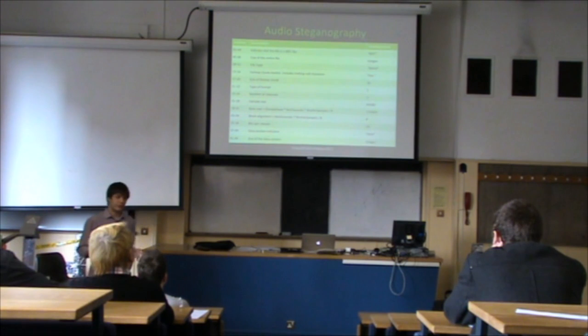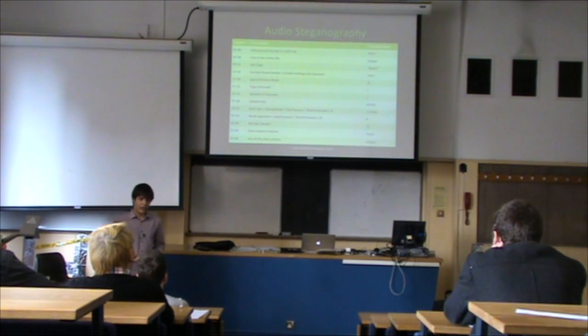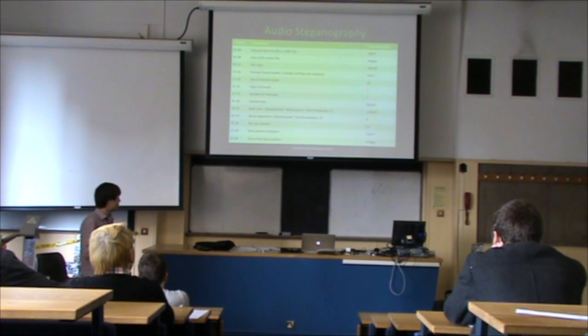A WAV file has a 44-byte fixed header, and so the only thing that you really need to be concerned about is this thing here, your bits per sample. By extracting that information, you've now got everything that you need to be able to embed data, because you know that your data starts after here.